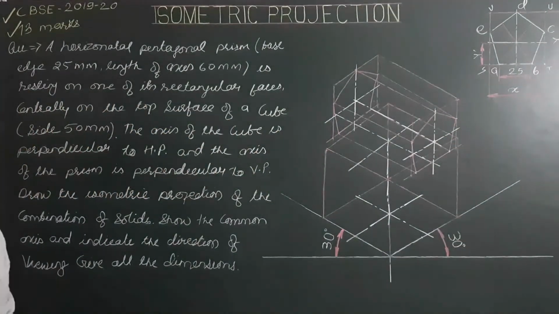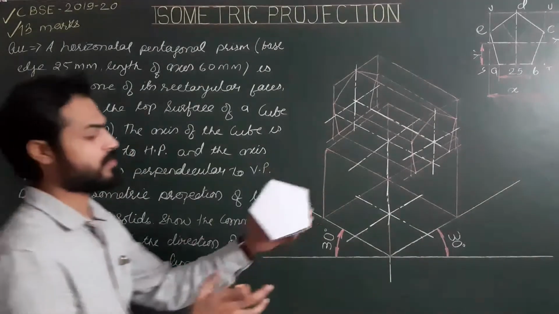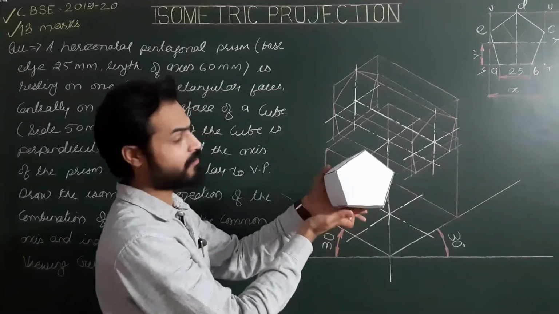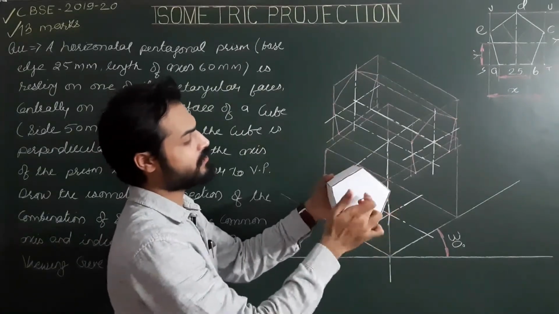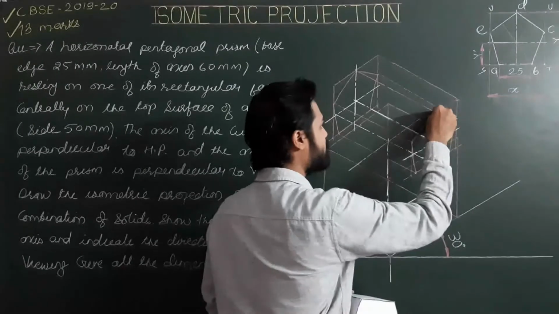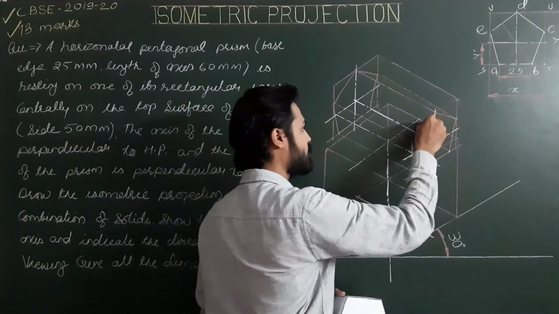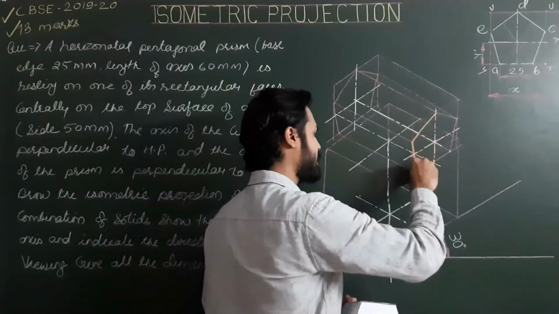Okay, now we have to show all visible outlines of the solid. So this is the solid resting on its rectangular face. All 5 sides of the front pentagonal base are visible sides.